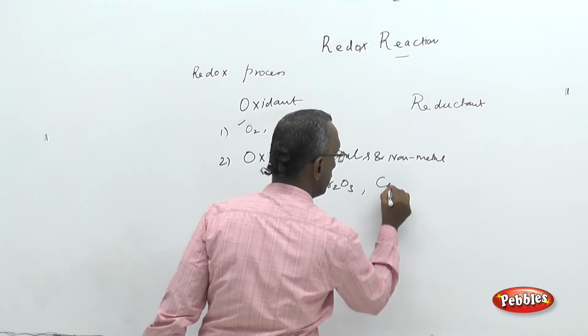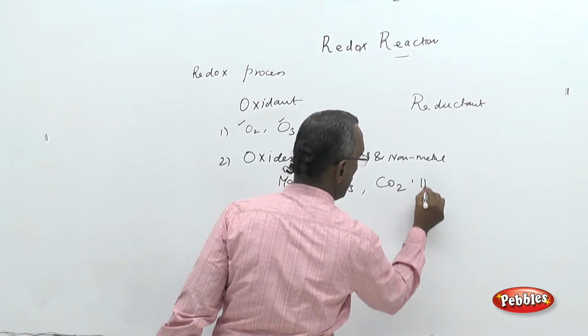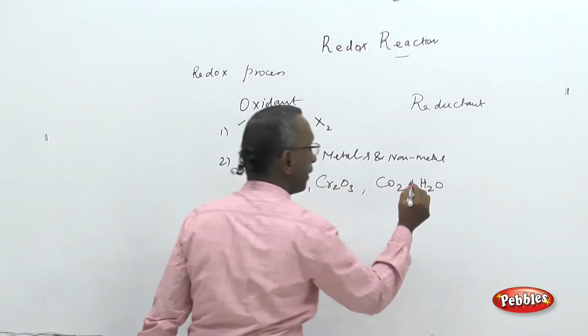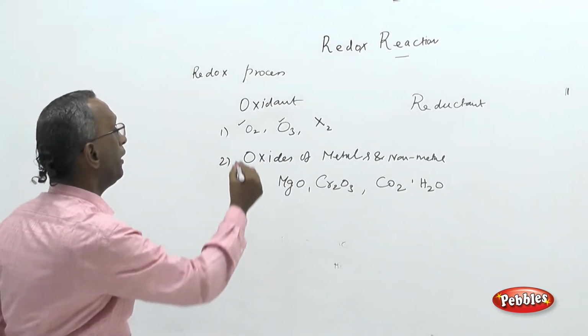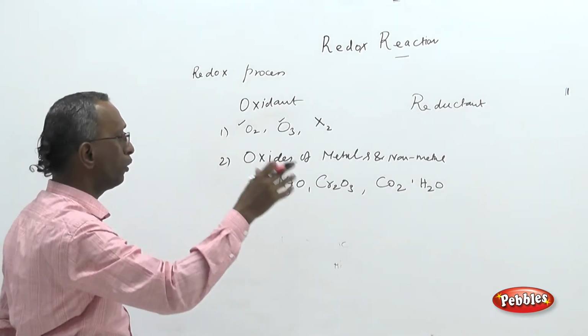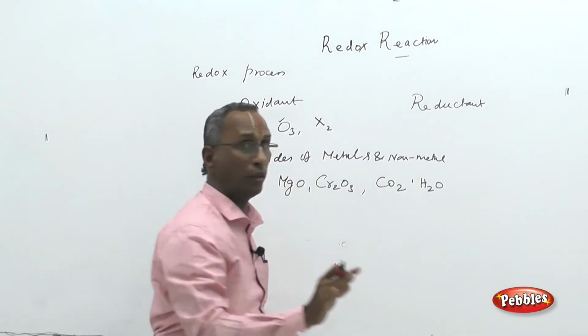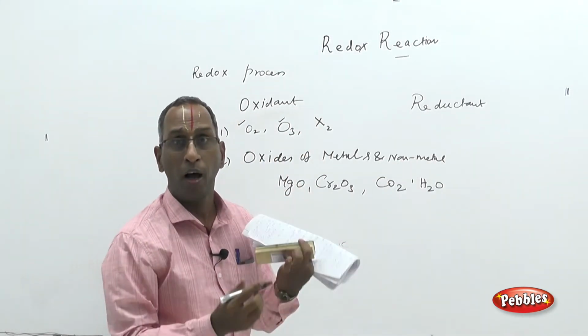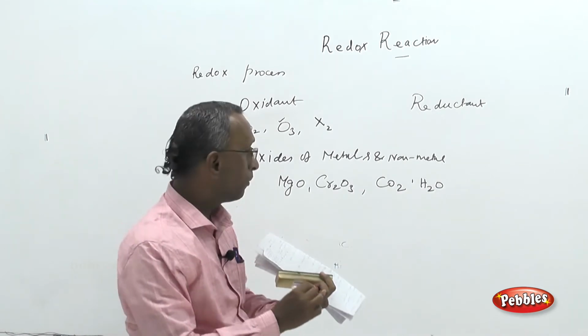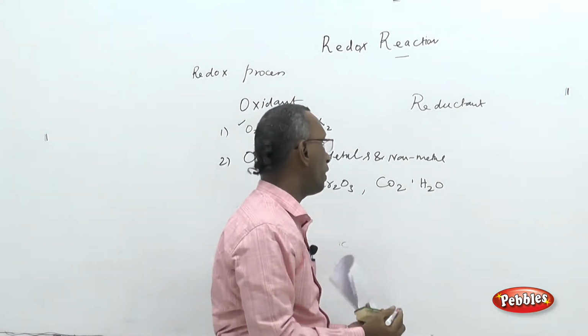Then carbon dioxide, water, and H2O2. Water is a significant one. Because we define oxidation and reduction in terms of hydrogen and oxygen, and these are compounds of hydrogen and oxygen only, they will play a dual role in all the media.